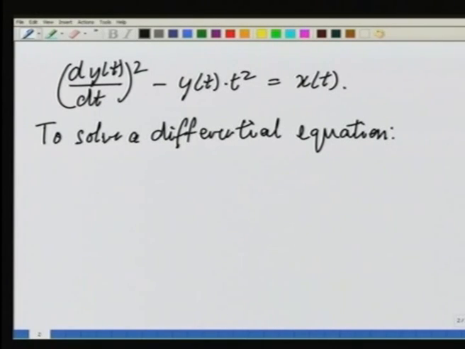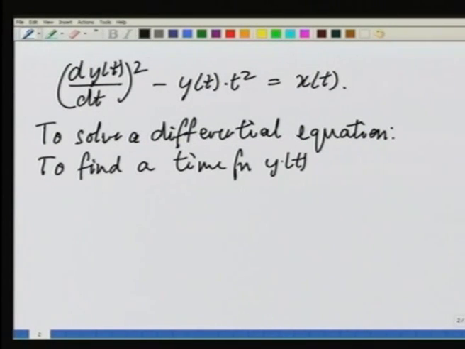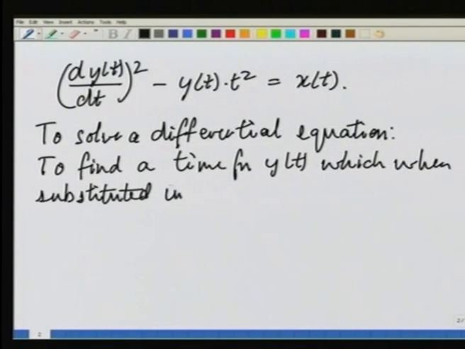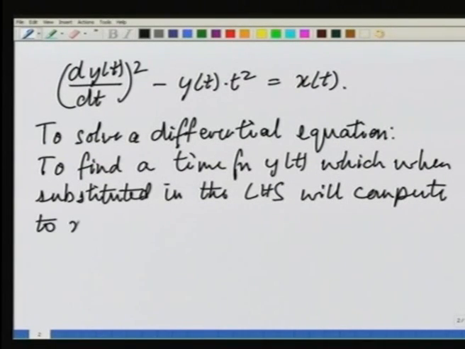To solve a differential equation is to find a time function y(t) which, when substituted in the left side of the equation, will result in, or will compute to, x(t) at each t of interest.